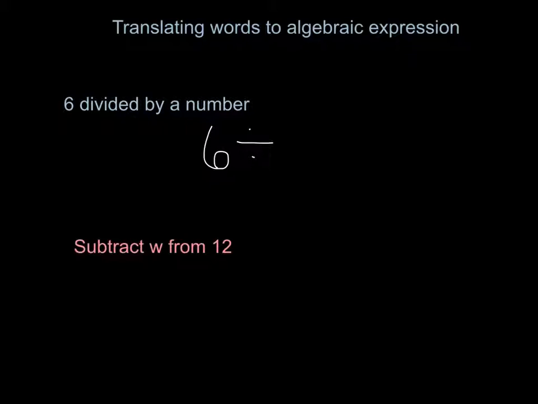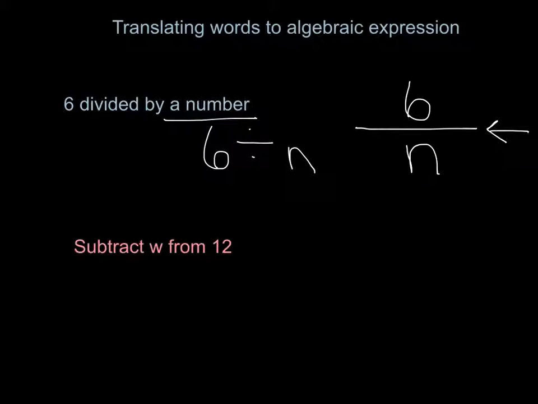You can pick any variable in the alphabet to represent a number. It doesn't matter what it is. I'm going to use n. So 6 divided by n. We can also write this in fraction form, 6 over n. Remember, the fraction bar is said as divided by when we're looking at this type of expression.